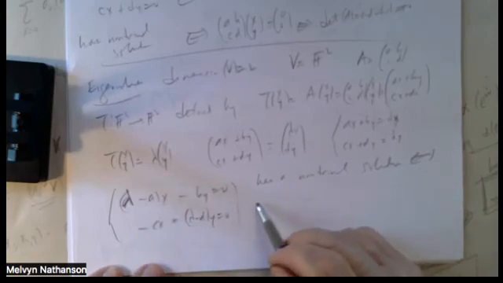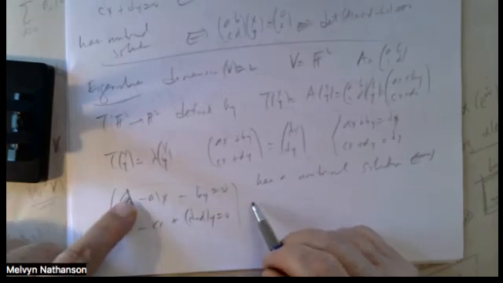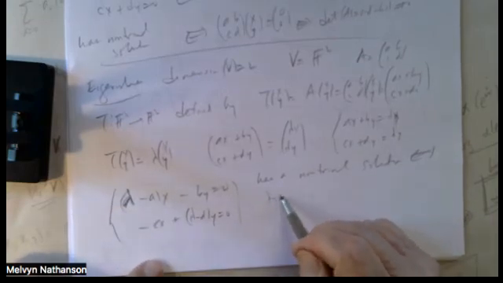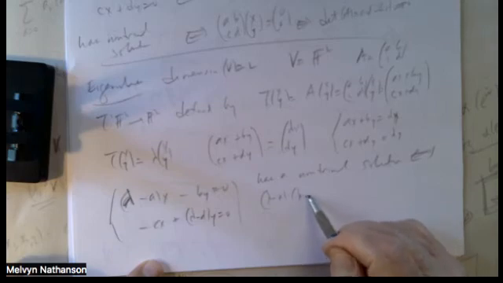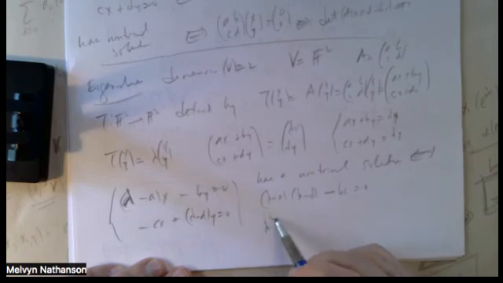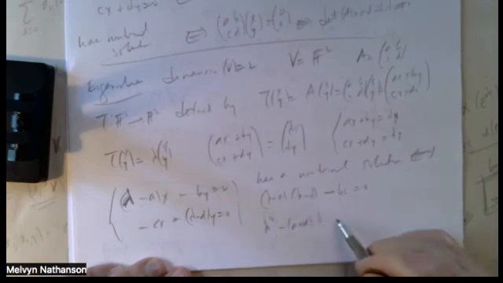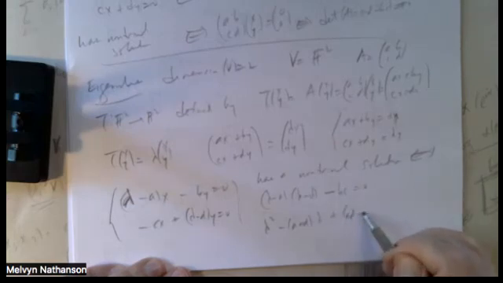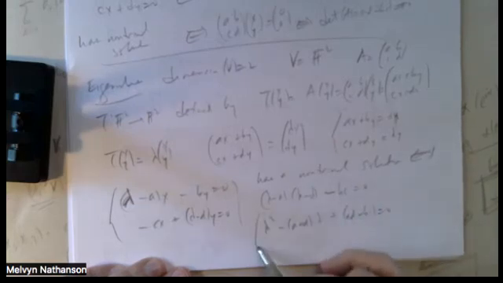The determinant is this times this, lambda minus A times lambda minus D, minus B times minus C, which is BC, if and only if that equals 0. Or if I multiply this through, this says lambda squared minus A plus D lambda plus AD minus BC equals 0.